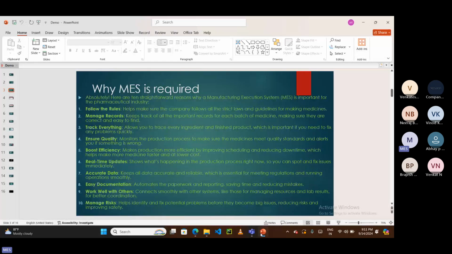And the next is manage records. If you use any kind of application and perform any activity, it will be recorded in the application, and you are not supposed to delete it. If the application allows you to delete the batch record or perform any kind of change, in some cases the system will allow you, but again it will be recorded with your name that you performed those changes.